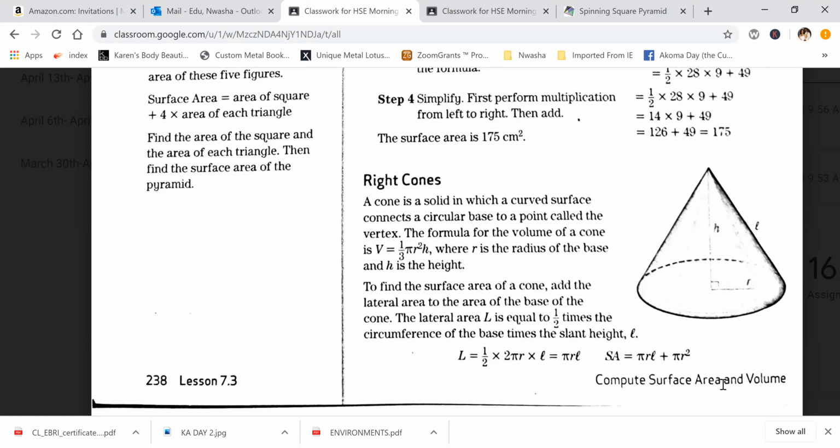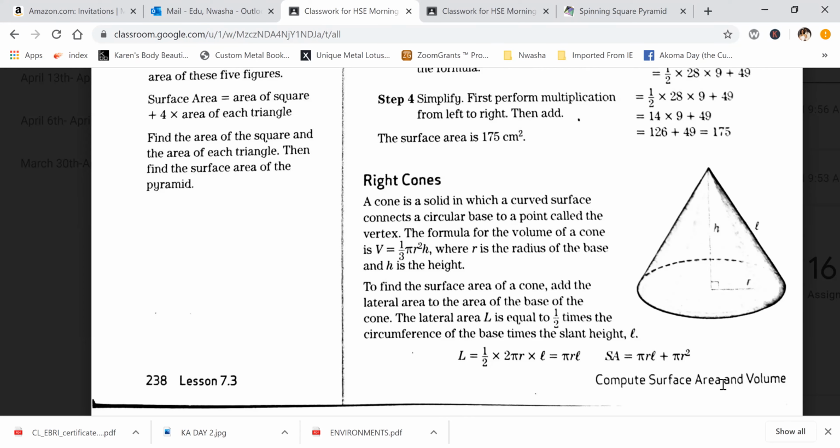So the real formula is only pi r slant height. That's why they have 2 equal signs. They're saying L equals 1/2 times 2 pi r times L. But to condense that, the 1/2 times 2 is going to cancel out as 1. So you don't even need that. You just need pi r slant height.